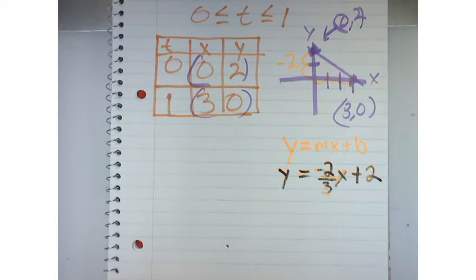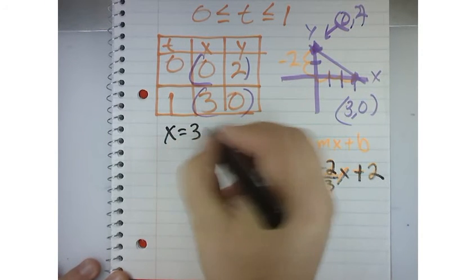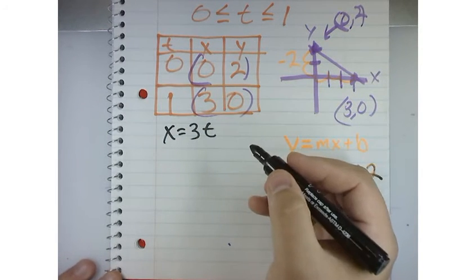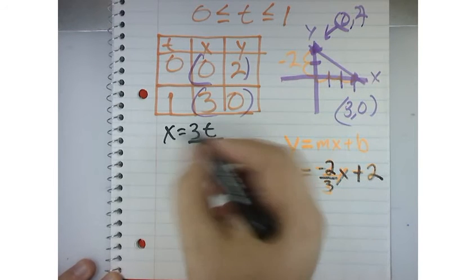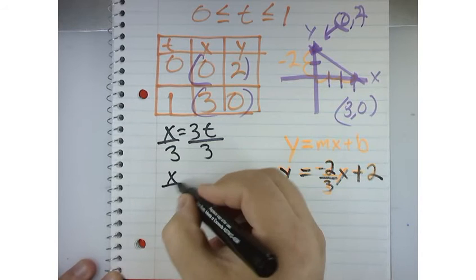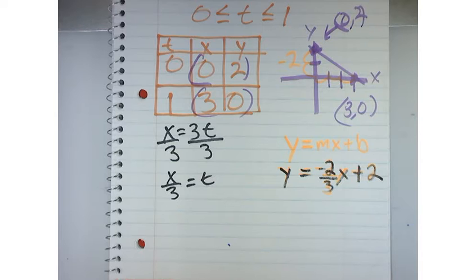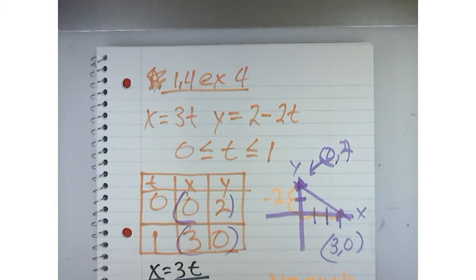So now how do I verify that using the parametric equation? The easy way to do it is to take the equation x equals 3t and solve for t. If I divide both sides by 3, I get x over 3 equals t. Then I go back to my original equations, x equals 3t and y equals 2 minus 2t.